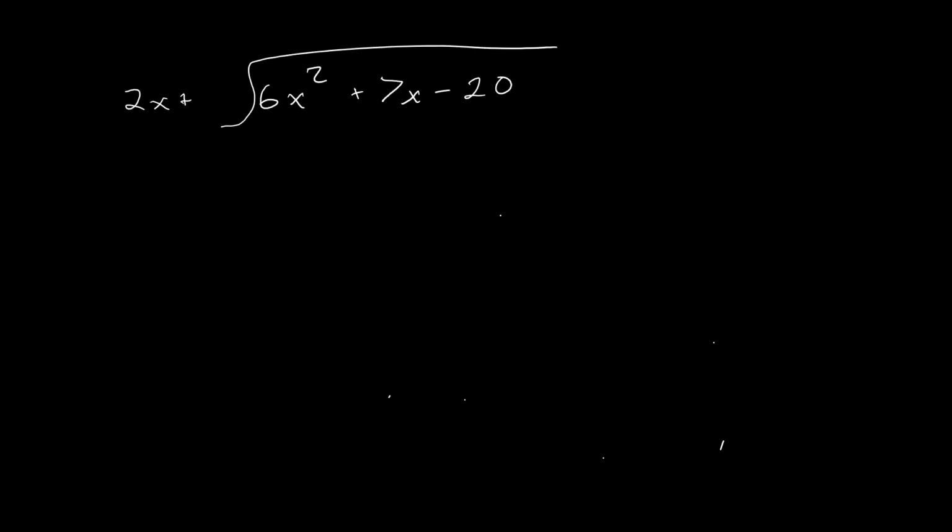So our first example that I really want to get into is 6x squared plus 7x minus 20 divided by the polynomial 2x plus 5.